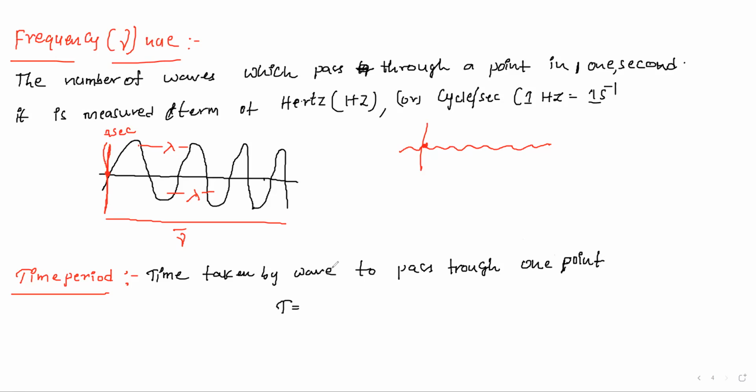That is time equal to 1 by nu, in seconds. నెక్స్ట్ వెలాసిటీ అమ్మ. అంటే ఇప్పుడు టైం పీరియడ్ అంటే ఏం లేదు, the time taken by the wave to pass through one point. ఒక పాయింట్ నుంచి మనకు వేవ్ ఎంత అయితే వెళ్ళడానికి టైం తీసుకుంటుందో దాన్ని టైం పీరియడ్ అంటాం. ఫర్ ఎగ్జాంపుల్ 1 second, 2 seconds, లైక్ దట్.